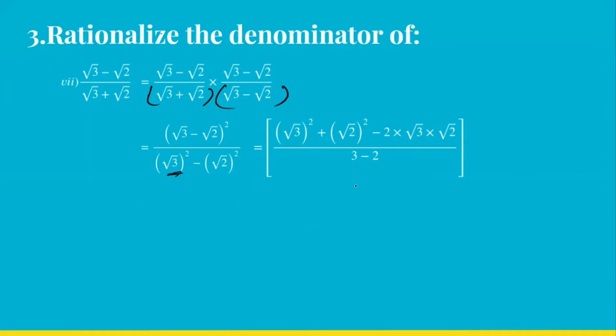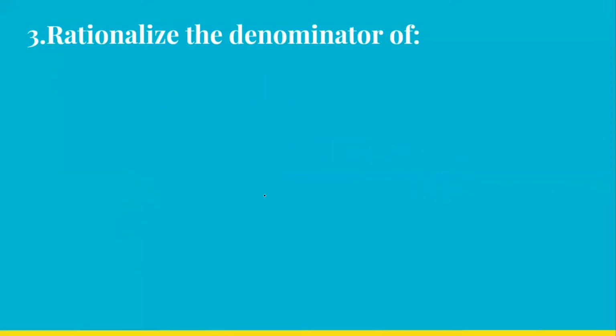So root 3 square is 3 and root 2 square is 2. So 3 minus 2 is going to be 1. On expanding this further, root 3 square is 3, root 2 square is 2, and root 3 into root 2 is root 6. So 3 plus 2, 5 minus 2 root 6 is our final answer.